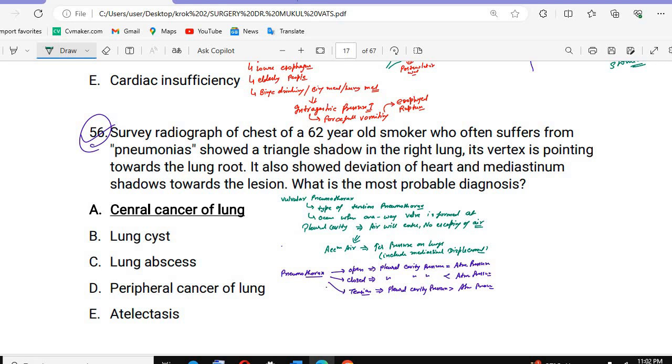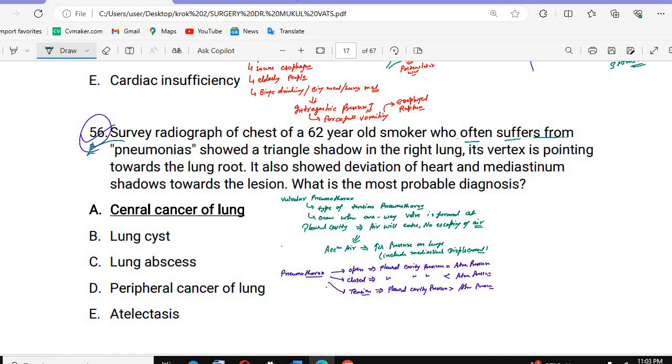We already did these questions well, by the way, revising the difference between central and peripheral. But I'm solving this question here because the patient often suffers from pneumonia. You need to understand that this is not a simple pneumonia, this is a recurrent pneumonia, because the patient is suffering again and again.